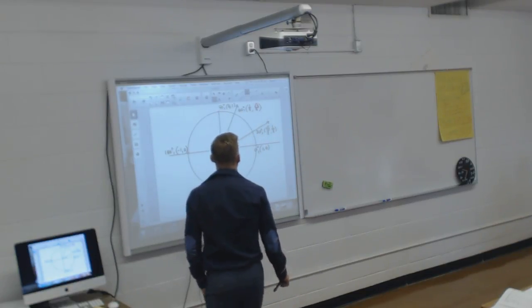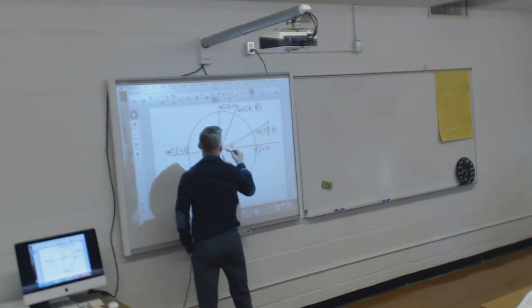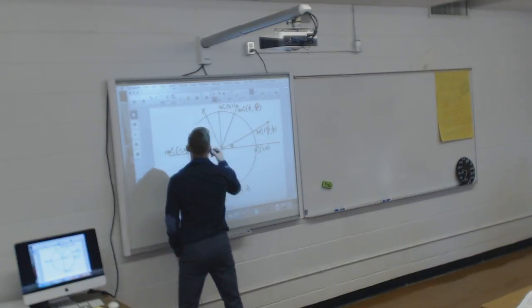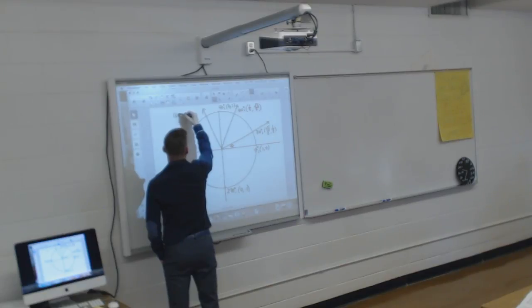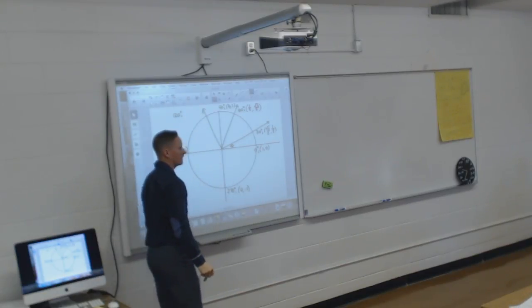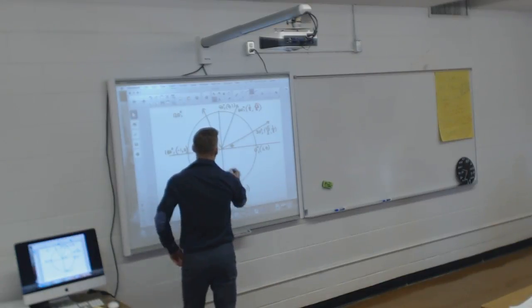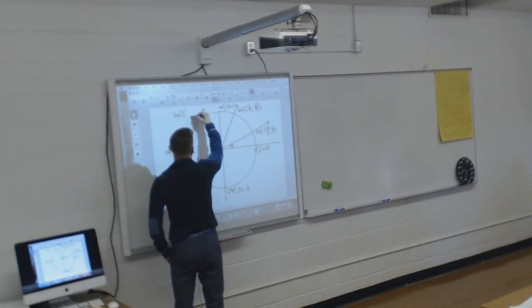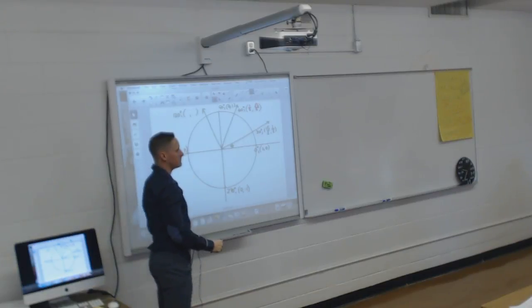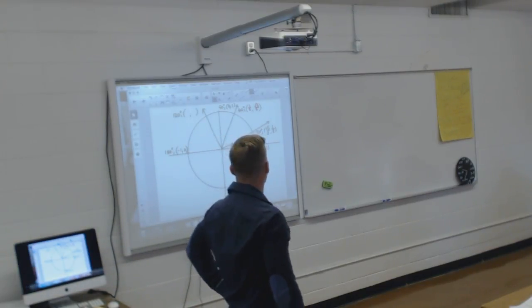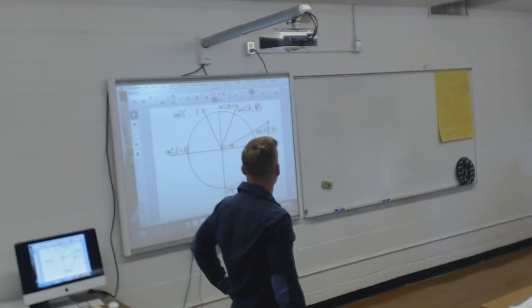Okay? So now let's look at 120 degrees. What is my reference angle for 120 degrees? 60, Alexon. So if that's the case, then what is the cos of 120?